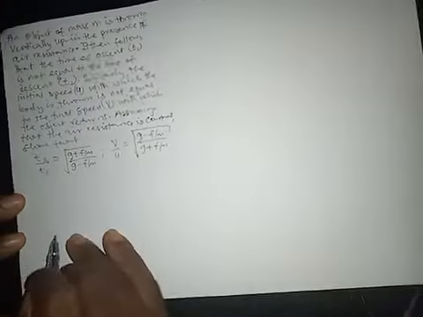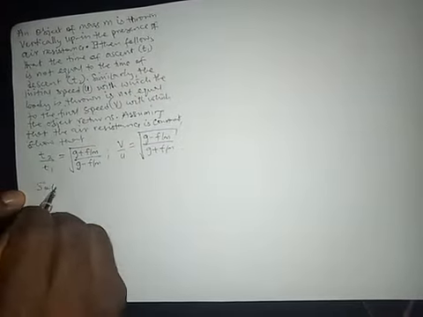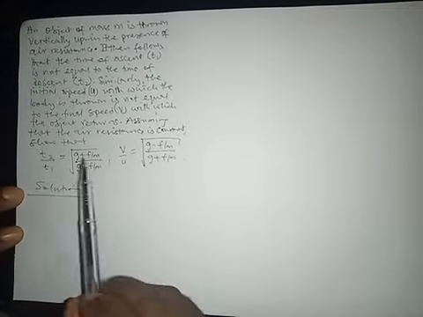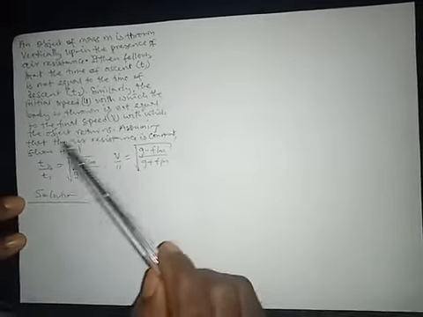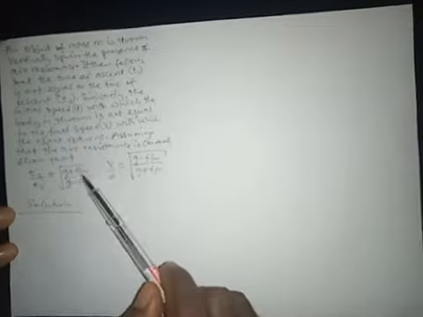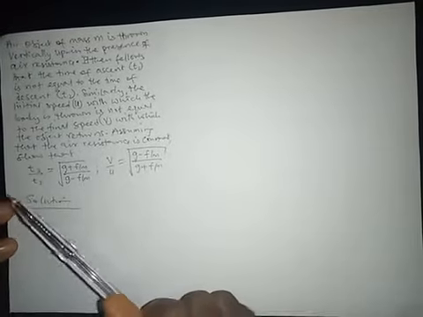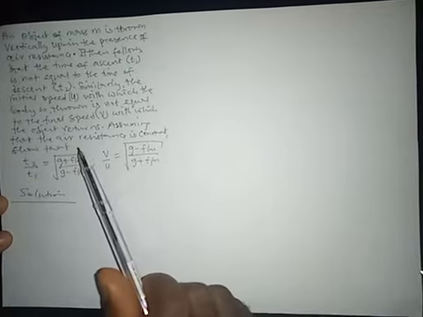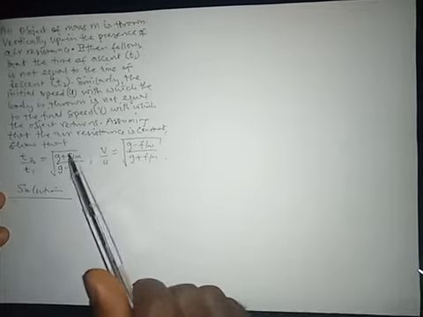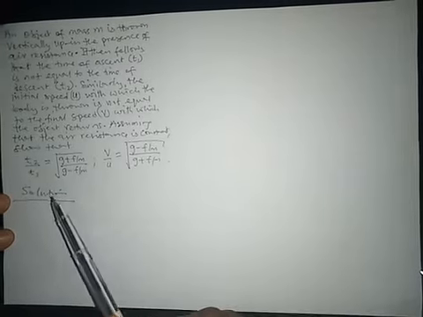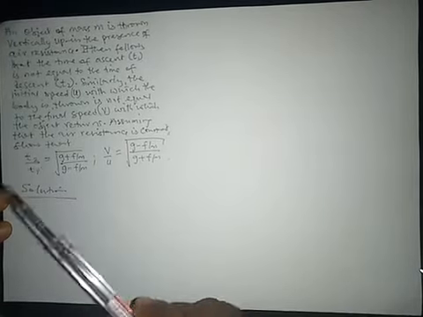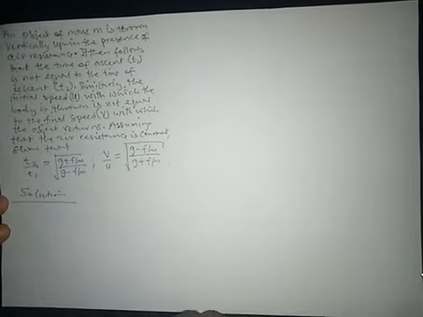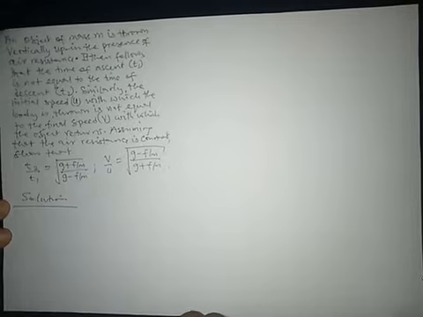So how do we solve this? The solution. First, let me say that this situation is describing a situation where there is resistance to the object that is in motion. For example, when the object is projected vertically upward, there will be air resistance.